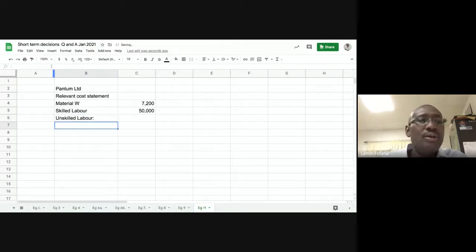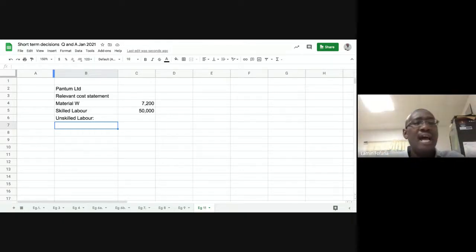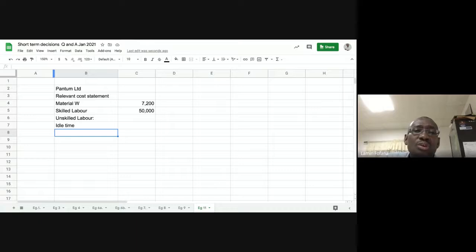So I just put a colon. The first part of the unskilled level is the idle time. We know idle time is the time that is used by employees during working hours without contributing anything to the productivity of their employer.